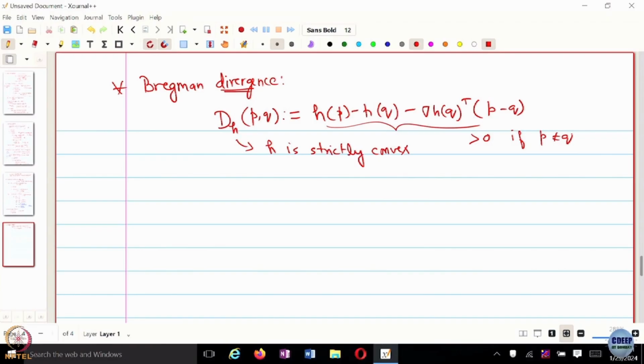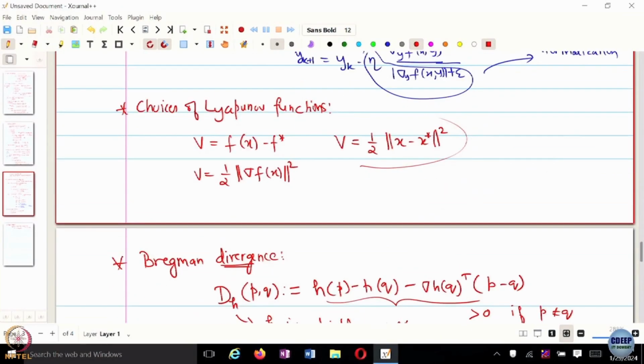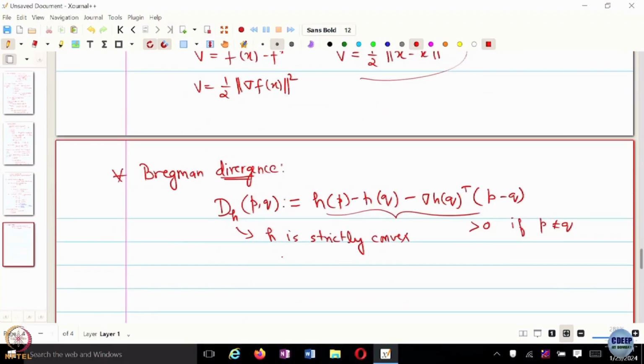And if h is strongly convex, this term happens to be nothing but mu over 2 times norm p minus q squared, right, which is anyway the kind of Lyapunov function we saw earlier. But this is another kind of Lyapunov function that one can potentially use, and that's called Bregman divergence.